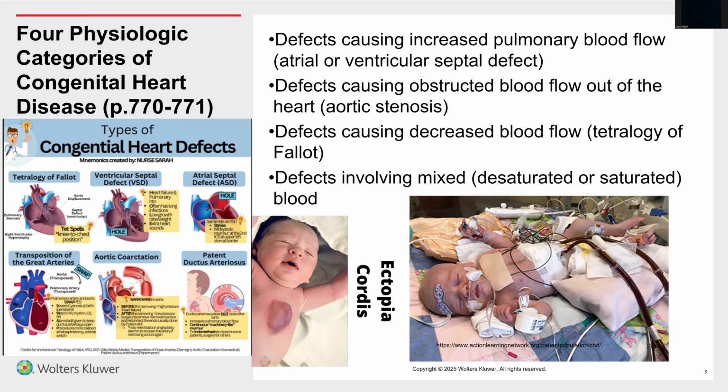So they may need additional help. So, like this little baby that's on the very far right picture, who you can tell has had the cardiac surgery, has a little scar there, and it has actually a ventricular assist device or a VAD device called a Berlin heart that's actually helping that baby.